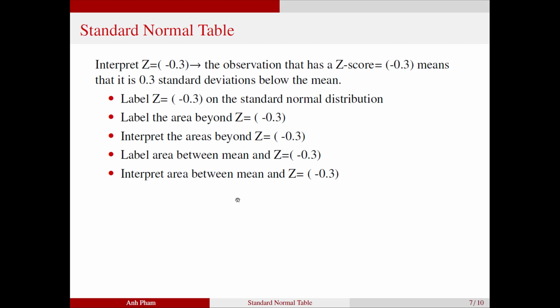Let's take a moment, pause the video, and label where the z-score equal to minus 0.3 is on the normal distribution. Label the area beyond z, interpret the area beyond z, label the area between mean and z, and interpret the area between mean and z.